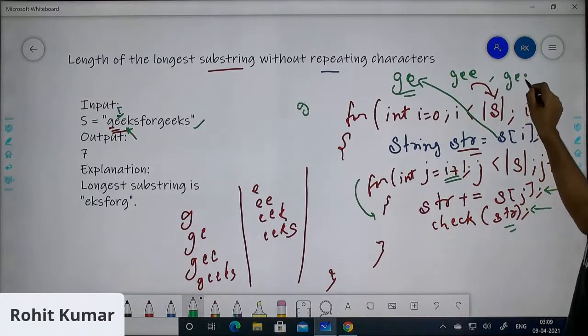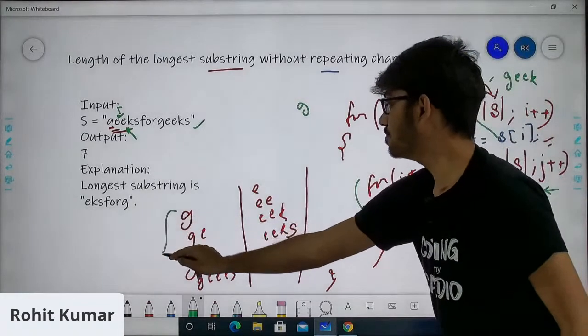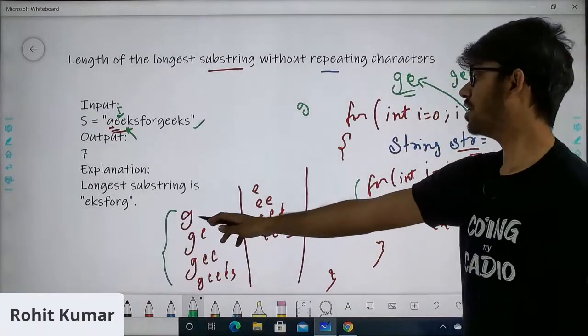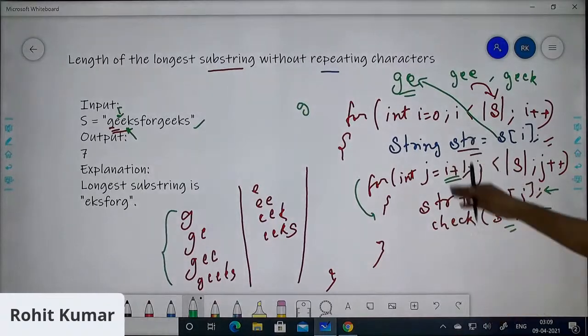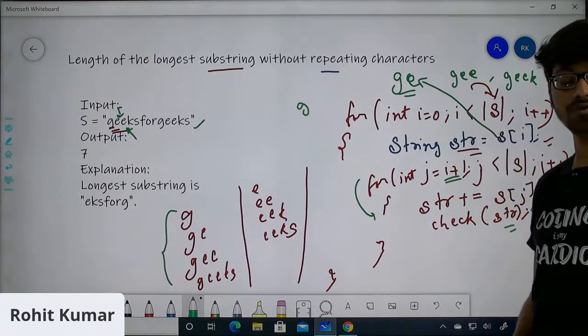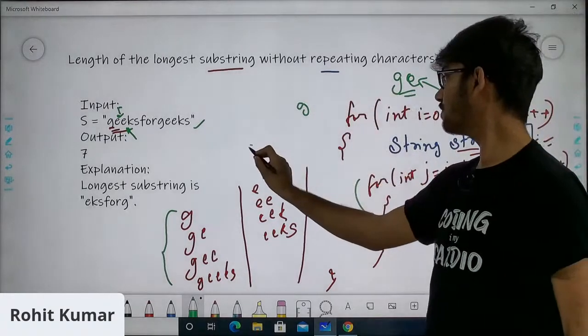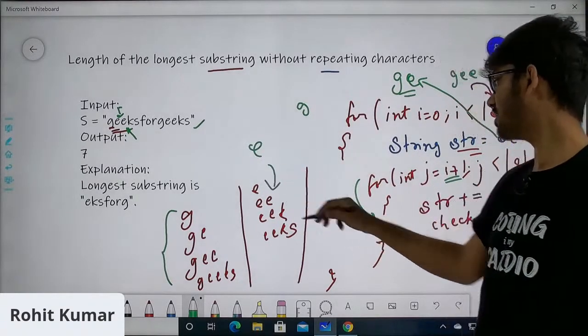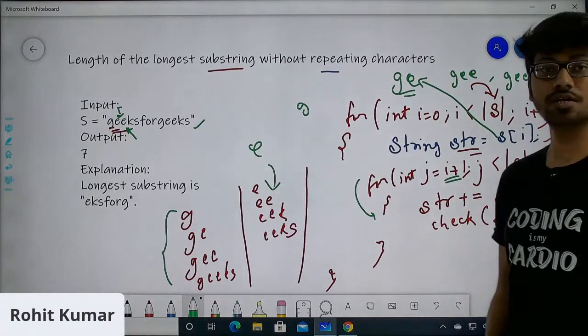Similarly, G double E K will be checked. And all the patterns of this particular substring, when we start with G, will be checked in the first iteration of the outer for loop. And the next time when i becomes 1, I'll similarly have the pattern from E, like this one. These patterns I'll have and I'll check. I hope this is clear to you.